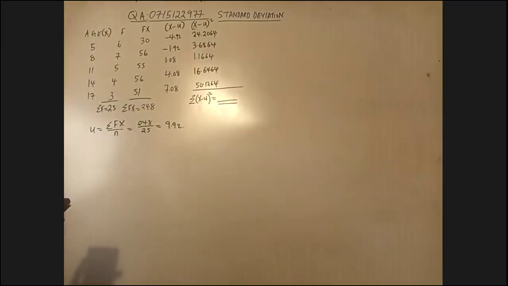What do you get? 24.2064, 3.6864, 1.1664, 16.6464, 50.1264.